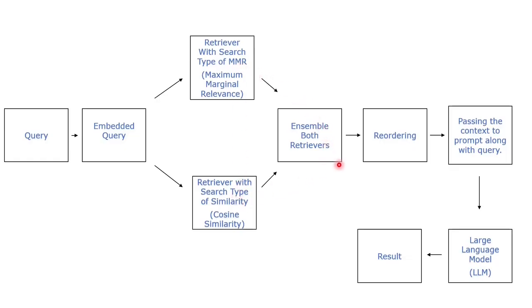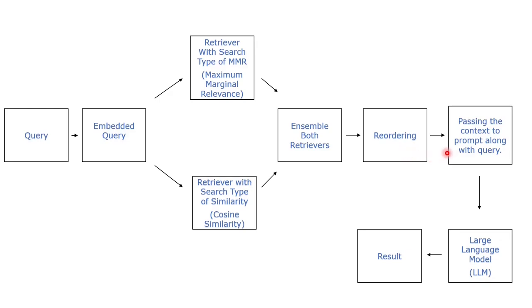After ensembling, we reorder them. In this step, it reorders the documents based on their relevancy. It will shift the more relevant documents either to the beginning or to the end of the context.